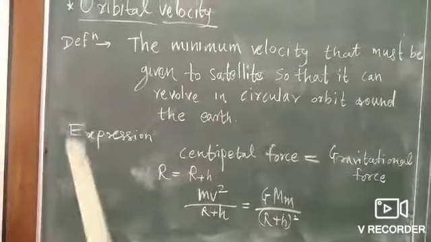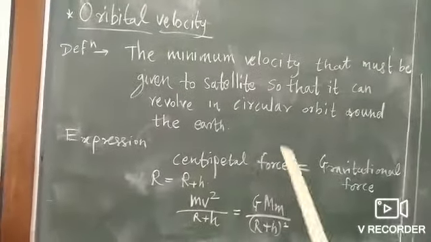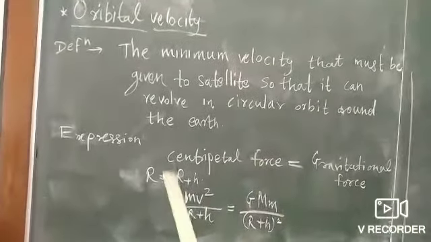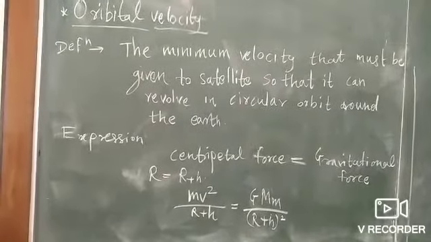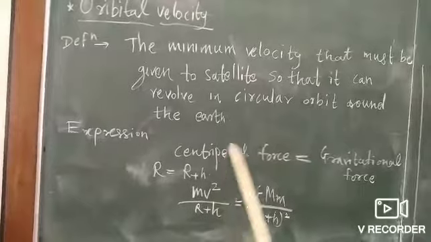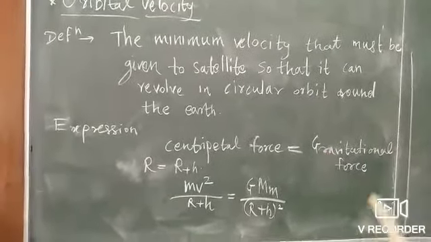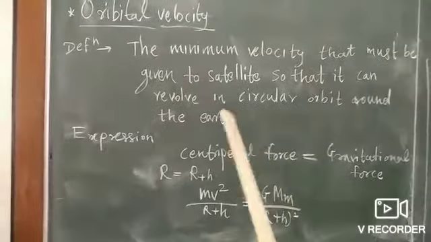Now let us try to understand the derivation of it. For that we need the centripetal force and the gravitational force. As you have learned already, the force which is directed towards the center of a circle is known as centripetal force. Its formula is mv square upon r. The gravitational force we have also already learned. So we will put the formulas of gravitational force and centripetal force.